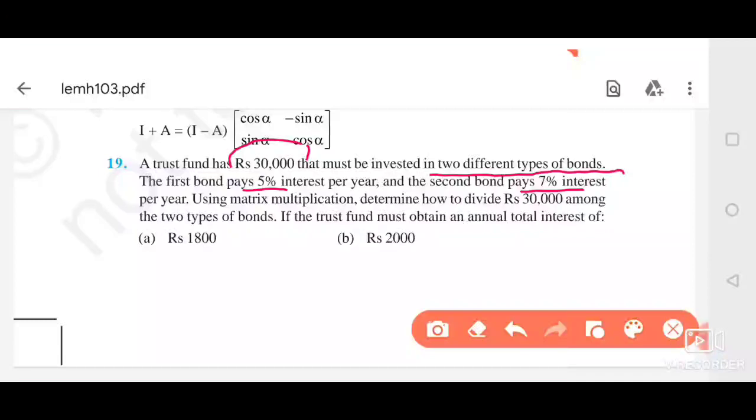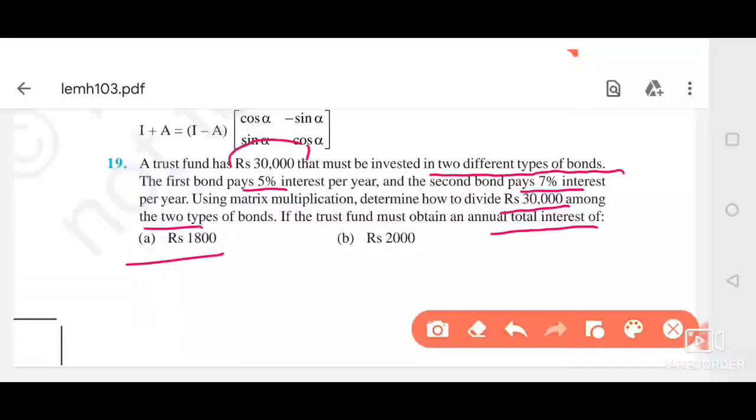Using matrix multiplication, determine how to divide rupees 30,000 among the two types of bond, if the trust fund must obtain an annual total interest of, first question, rupees 1800.